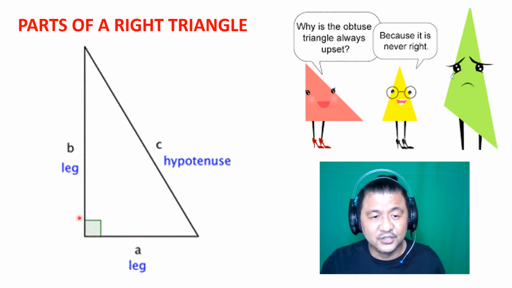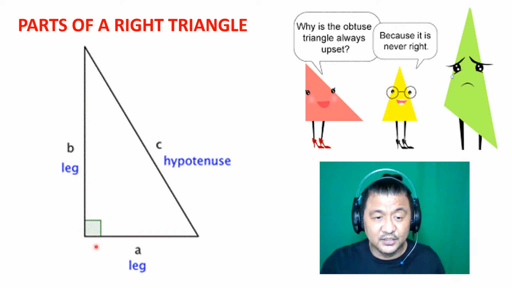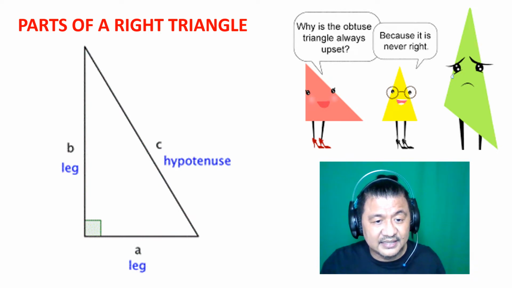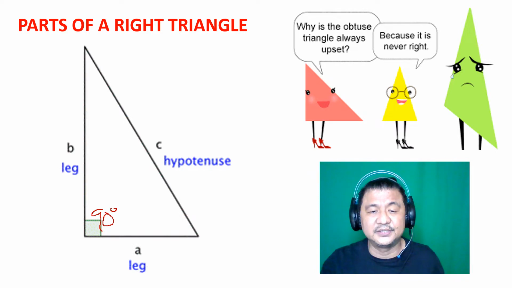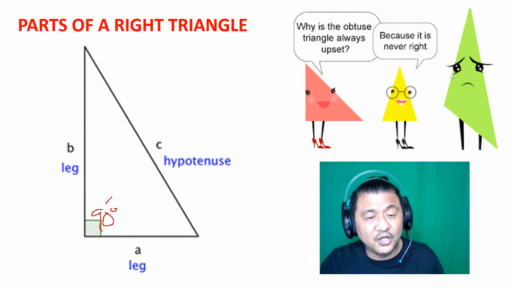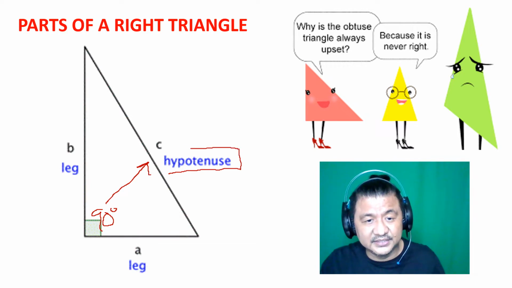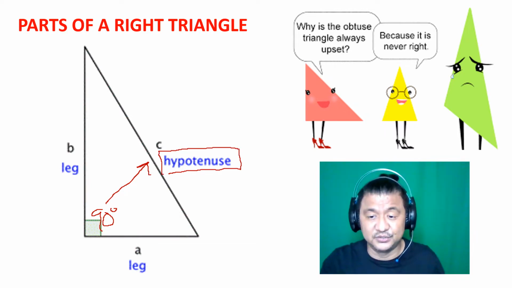Remember this. Look at this triangle. Whenever you see a square symbol in one side of a triangle, that's already a hint for you that that angle is 90 degrees. Okay, 90 degrees. And guess what? The side opposite that 90 degrees is called the hypotenuse. Say that again. Hypotenuse. All right.